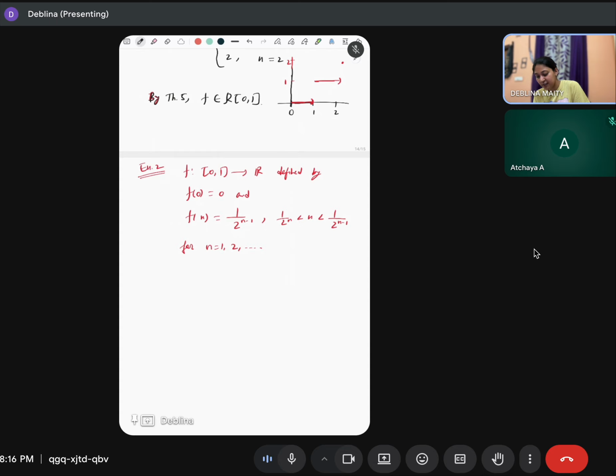Now you have to check if f is Riemann integrable or not. Right. Now how does it look?